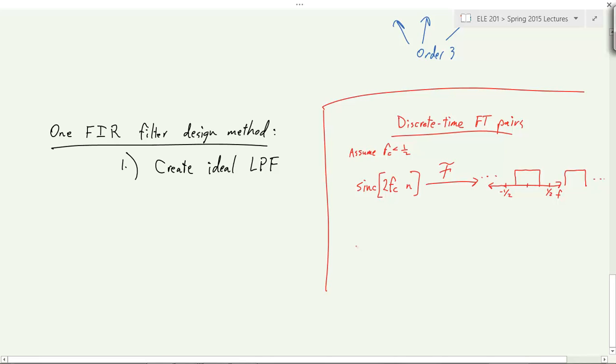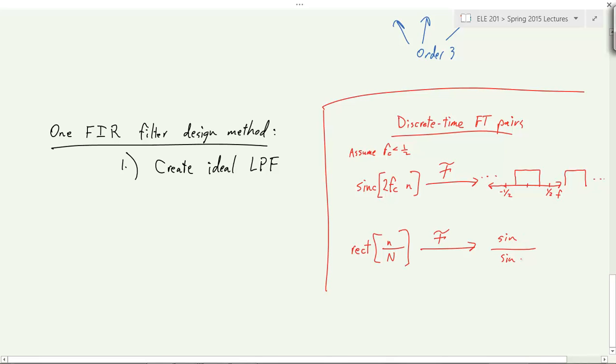Now, what about this, though? What if you do something like a rect of some scaled n over some width, capital N? You saw in your homework that you already did this. You took a rect in discrete time and did the Fourier transform. And what did you get? Did you get sinc? You actually got something that was a sine over sine.